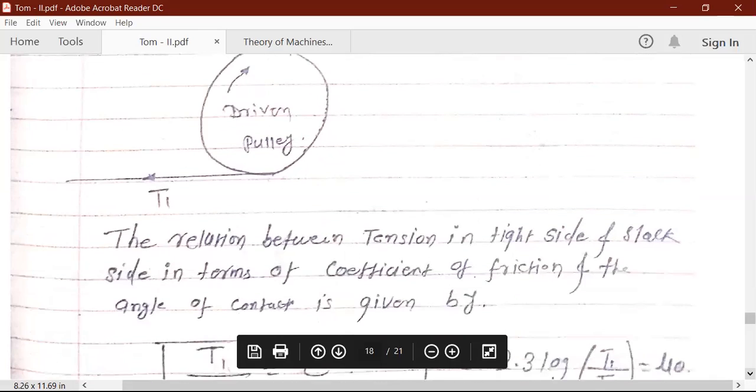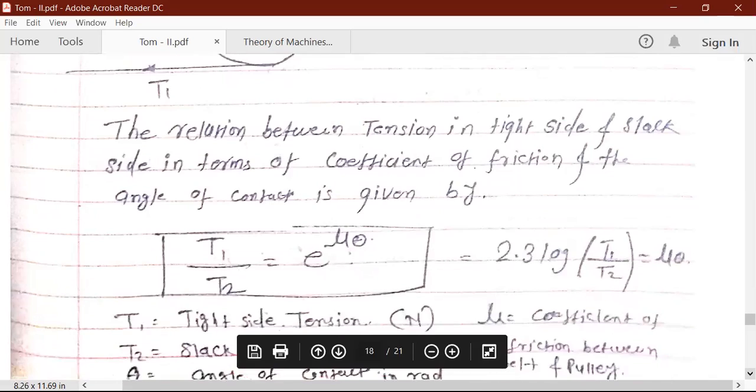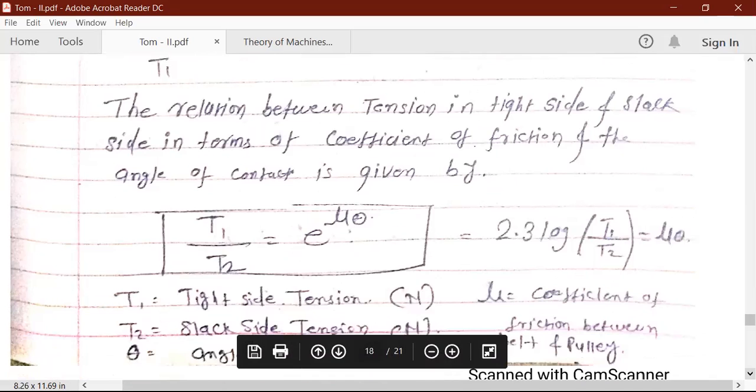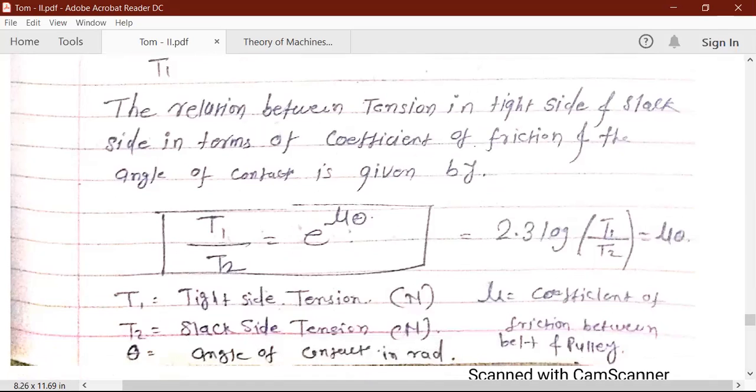Now, the relation between tension in the tight side and slack side in terms of coefficient of friction and angle of contact is given by, you have already learned this formula, T1 upon T2 is equal to e raised to mu theta. This equation you have already seen in your friction chapter of mechanics, where a disk is given and you have to find the friction between rope and that disk.